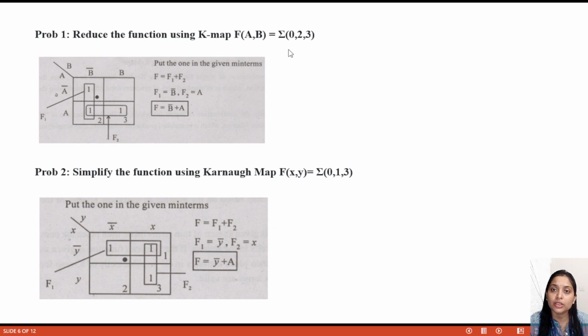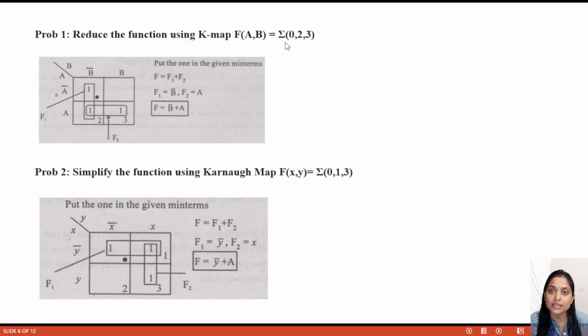Here you have to understand that there is a summation, so they are talking about the SOP form. Mainly we consider SOP examples. If you want to know how to do the POS expression also, then I'll make another separate video.